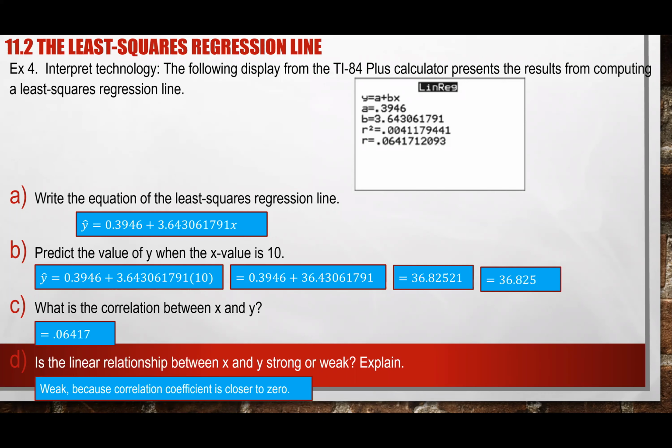If it's like 0.5, which is 50%, you just say that they have a relationship. There's a linear relationship, but it's not going to be a strong linear relationship. When it's obvious, like the next one you will see, 0.95, very close to 1, then we say it's a strong linear relationship.